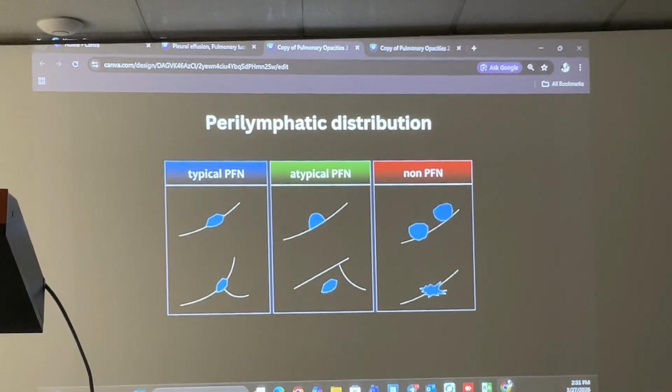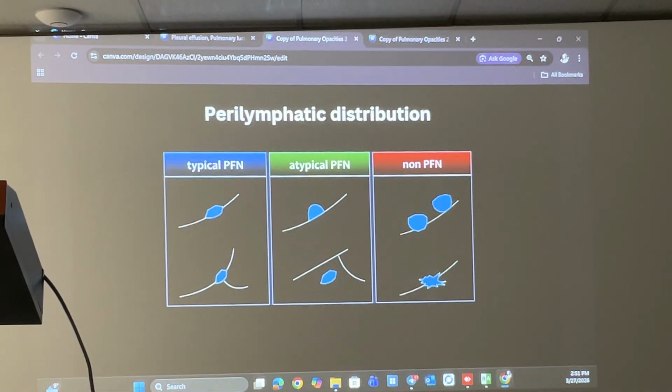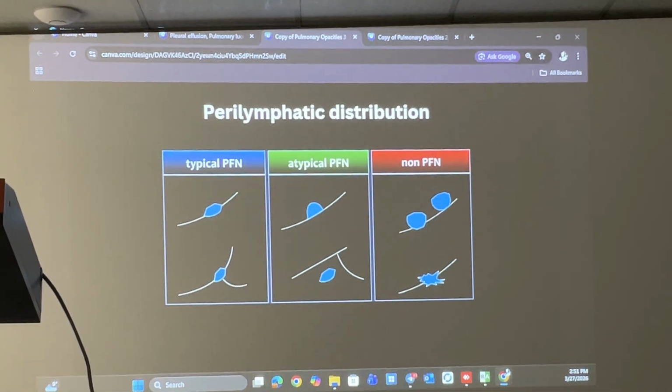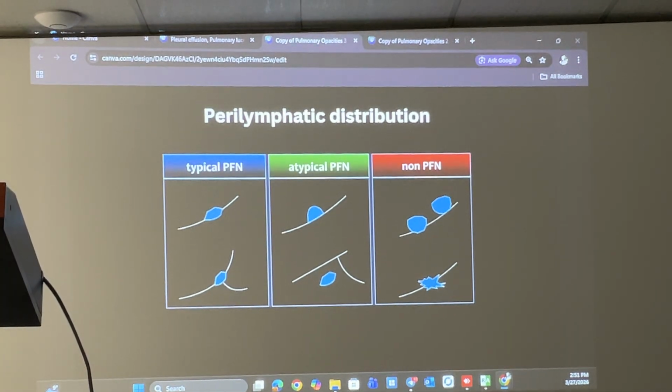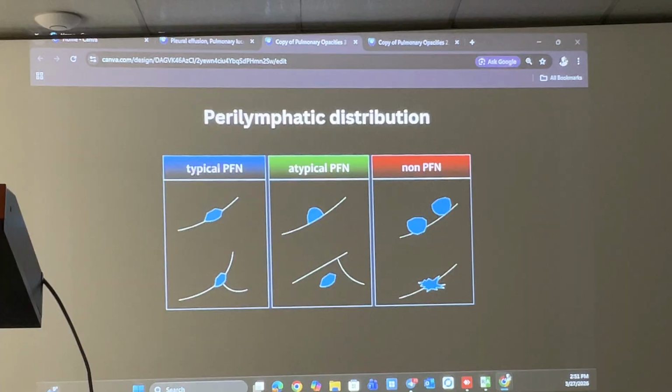And sometimes the term reticulonodular is used, as there is overlap in the differential diagnosis of perilymphatic nodules and the nodular septal thickening in the reticular pattern.